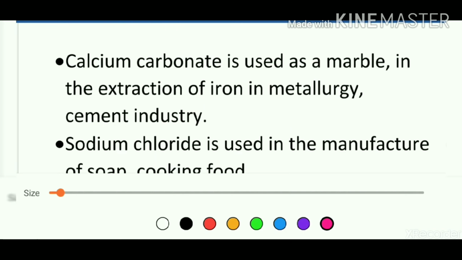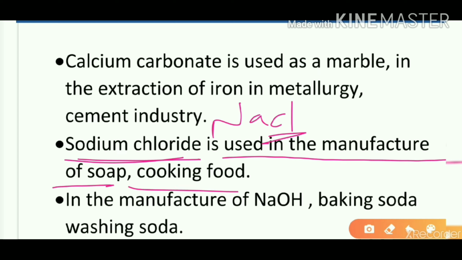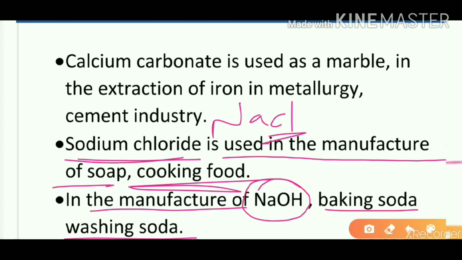Next, sodium chloride, that is NaCl. Sodium chloride is used in the manufacture of soap, cooking food. In the soap making industry, sodium chloride is used. Along with this, sodium chloride is used in the manufacture of sodium hydroxide, baking soda, washing soda.